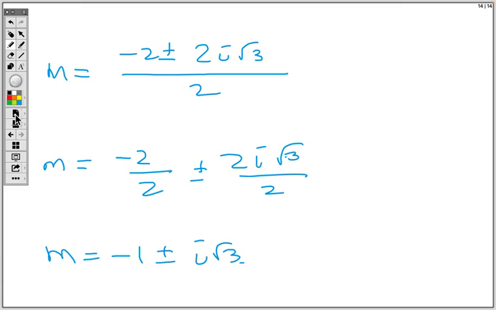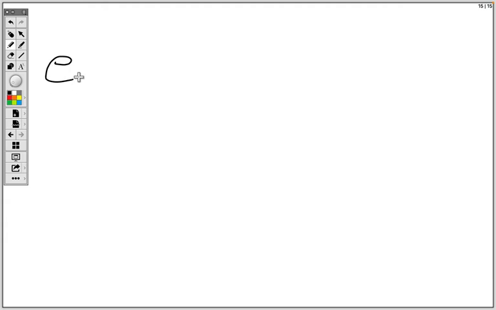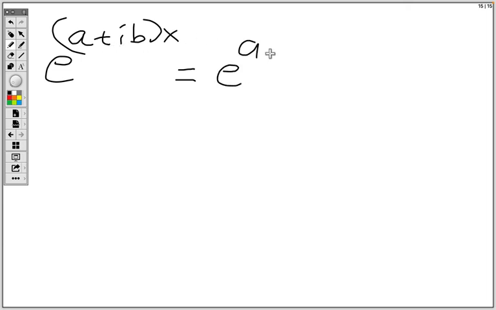All right, here's how we handle that. We go back and we say, okay, what if I had an e to the a plus ib x? How does the exponential work on this? Well, you could multiply the x through to get e to the ax plus ibx. And it turns out the same properties of exponentials that we've been using carry over to these non-real exponentials.